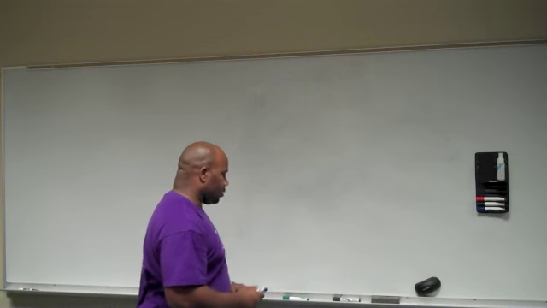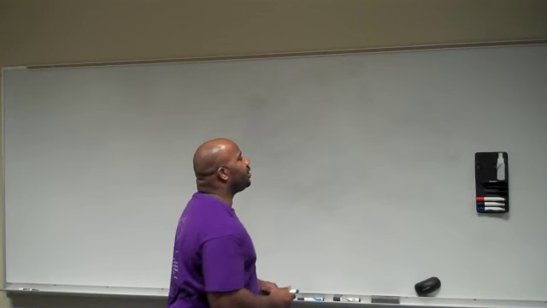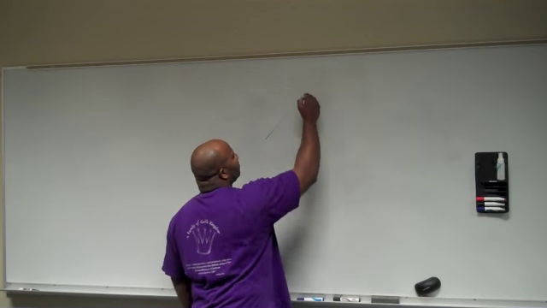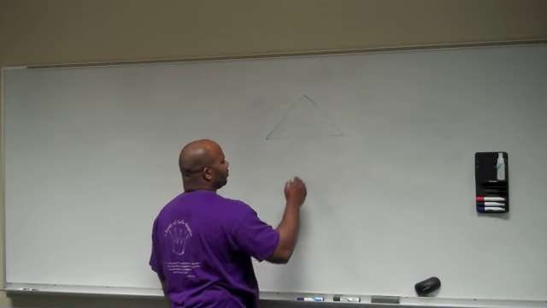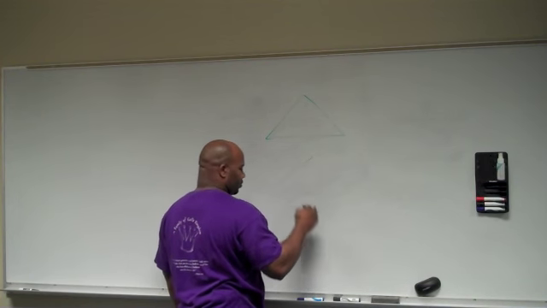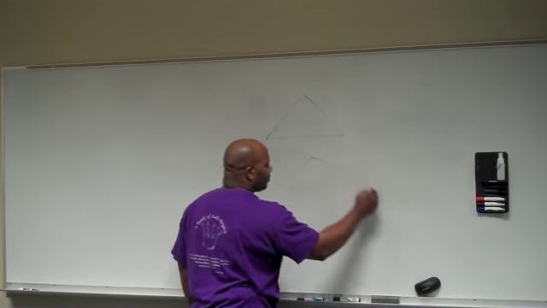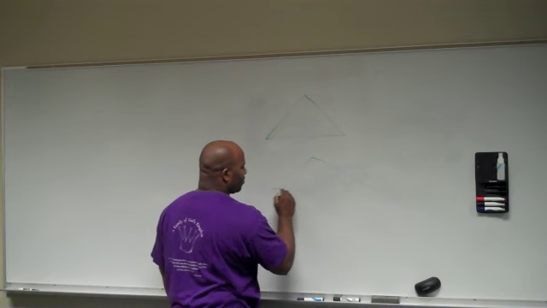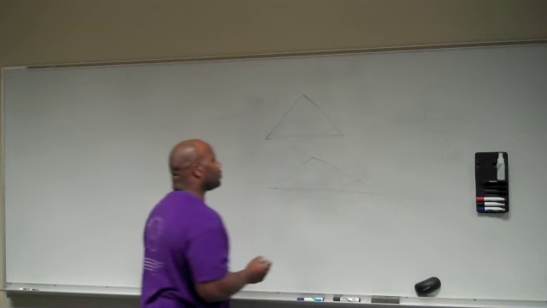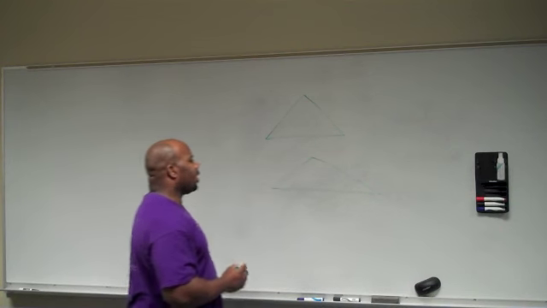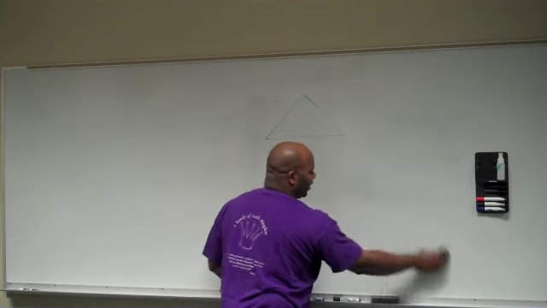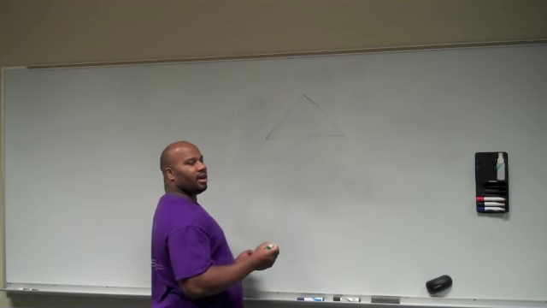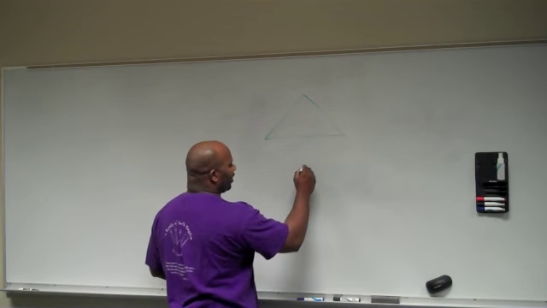Okay, let's suppose we're given these two triangles. Let's make this triangle bigger first of all. I don't like it right now. It really doesn't look like it's a similar triangle, but I want it to look like it's a similar triangle.